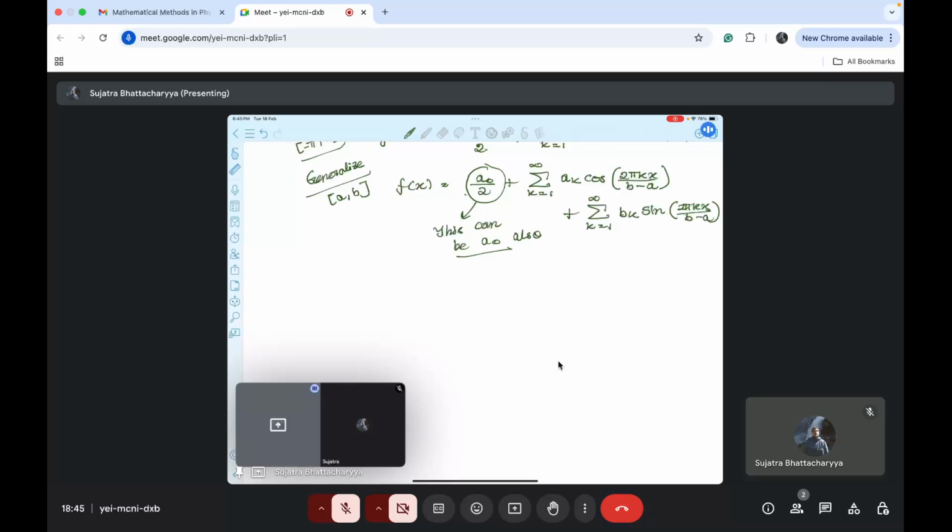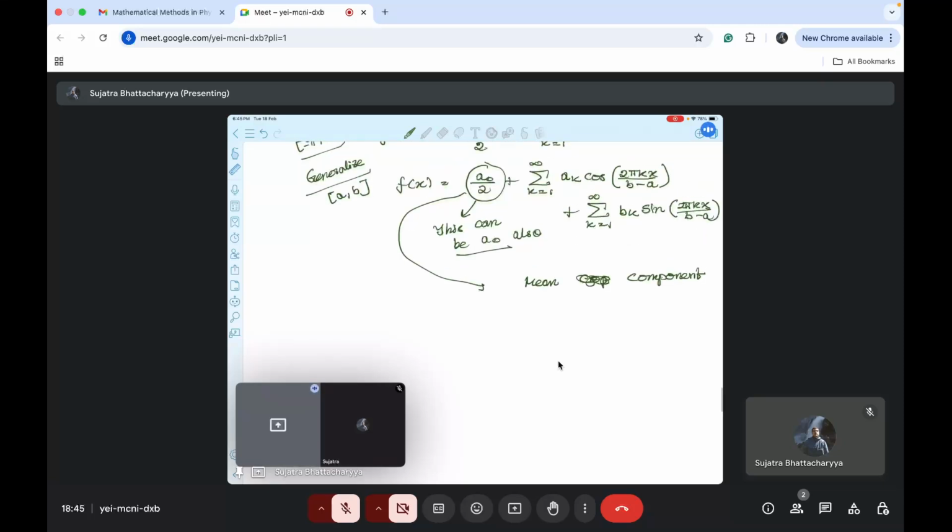So what is this? This is actually the mean component of any time series. Any signal, its mean is given by this part, or in electronics it is called the DC component. And these are the fluctuations. These ak cos kx and bk sin kx terms are the fluctuations.